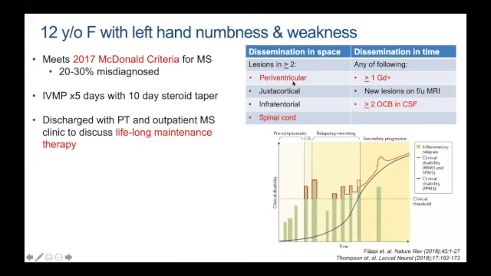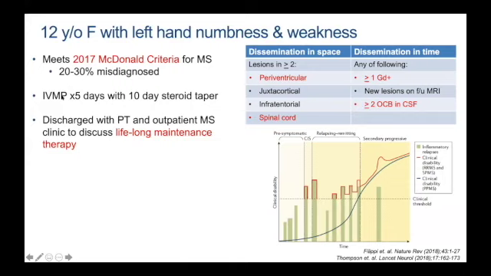So she did have periventricular, she had spinal cord lesion, she had subcortical lesion, and then dissemination in time, which can be demonstrated by at least 1 enhancing lesion, which she had, and at least 2 oligoclonal bands in the CSF.